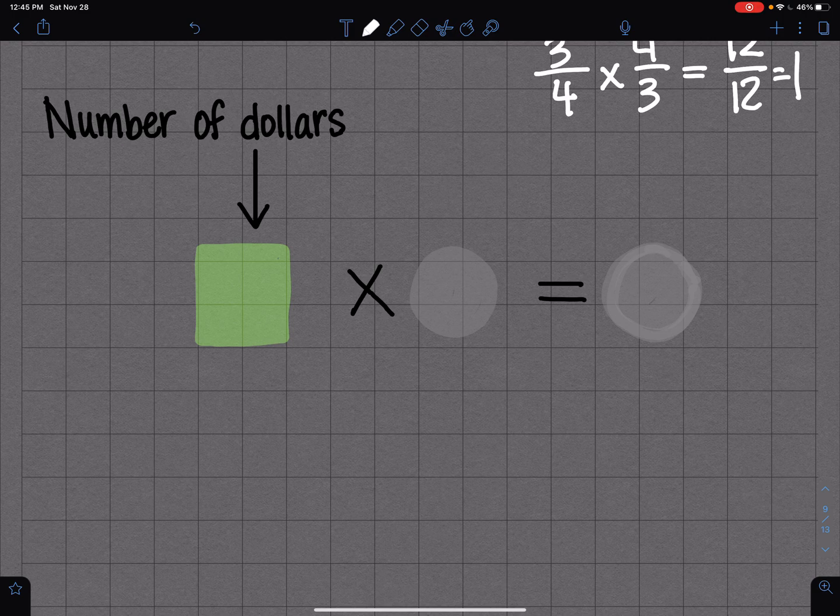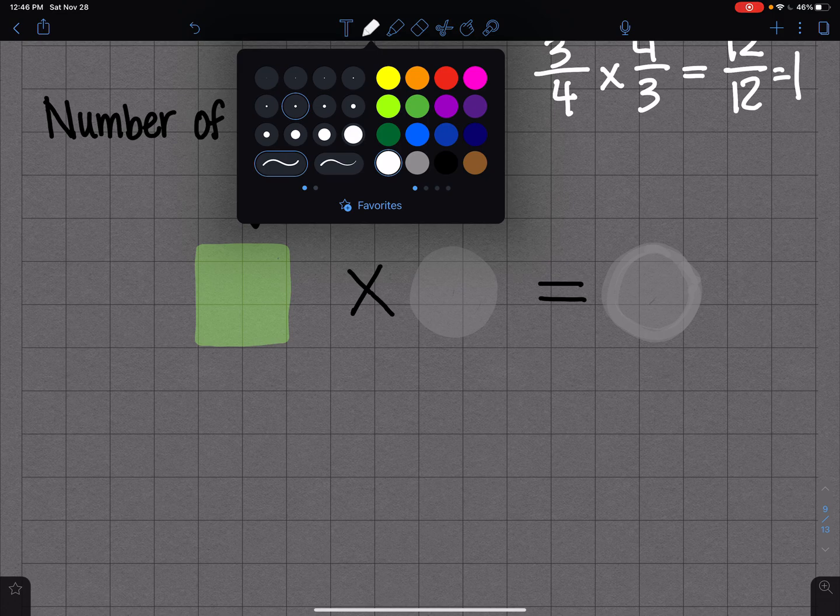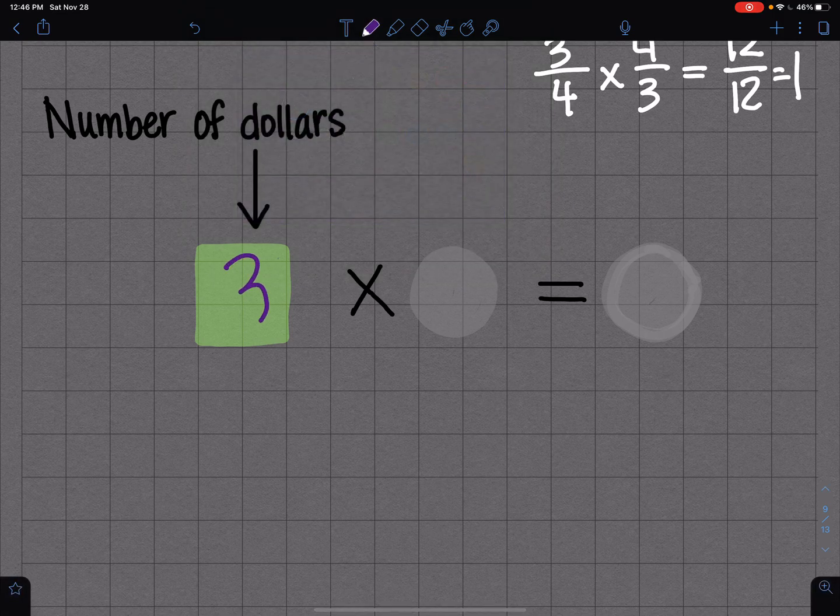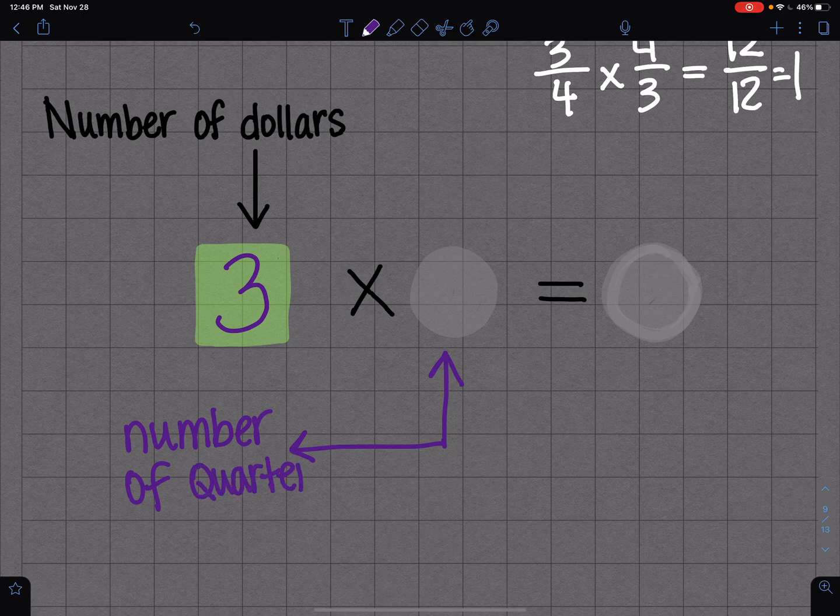So now let's go back to our original problem. How many quarters are in $3? So let's write $3 here, the number of dollars. And what we write here is the number of quarters in $1. The number of quarters in $1 is what we figured out.